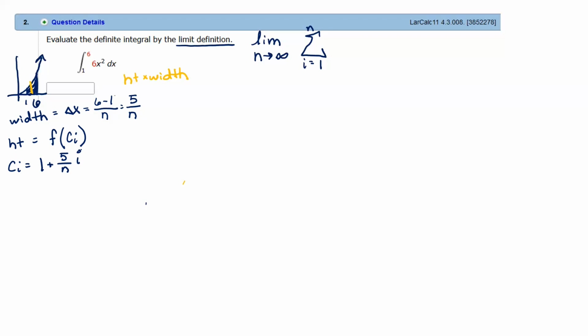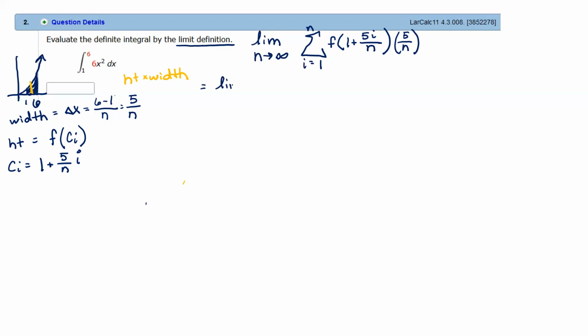And so then we take that sum of that infinite number of rectangles and we'll apply that. So we have the sum of the height, which in this case is 1 plus 5i over n, put into the f function, and then times the width, which is 5 over n.